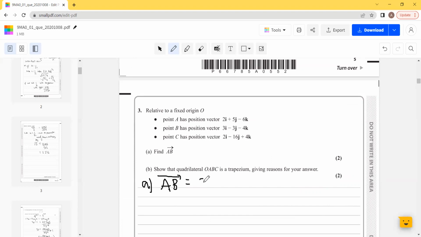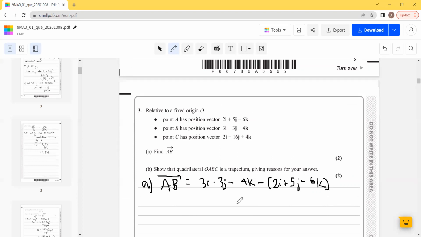So it's simply 3i minus 3j minus 4k minus (2i plus 5j minus 6k). Okay, and that's AB.